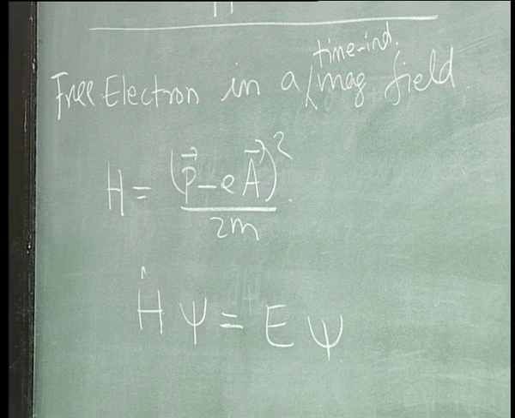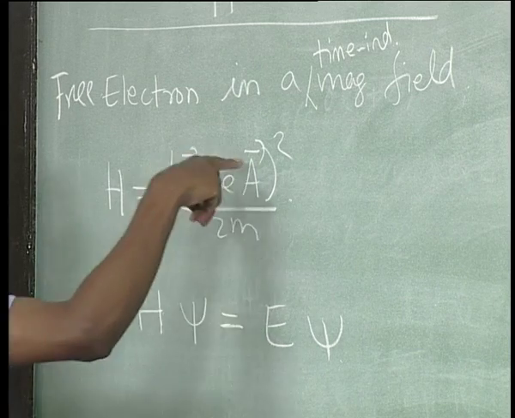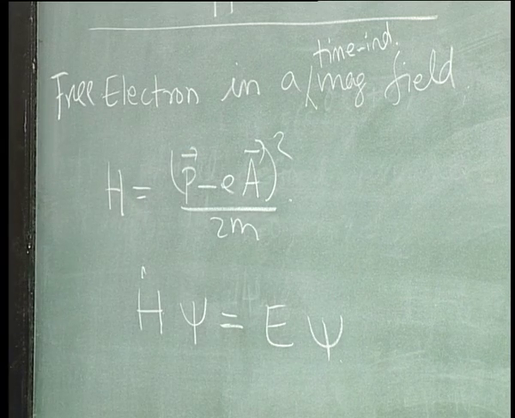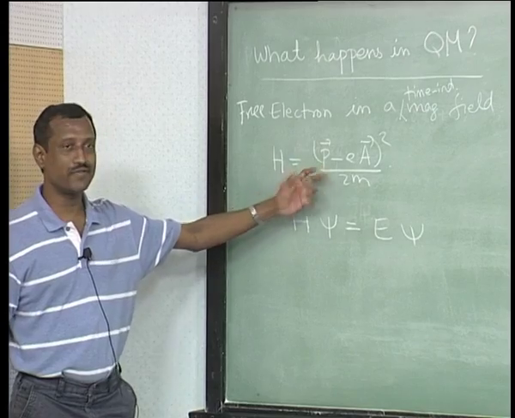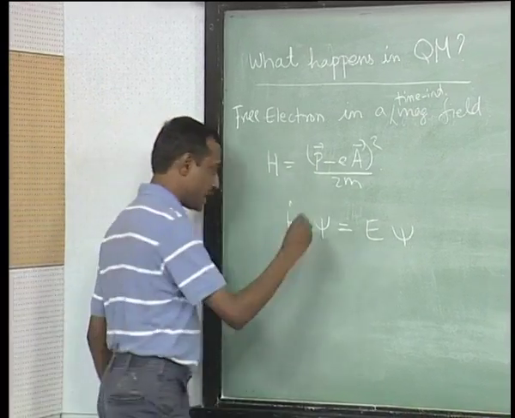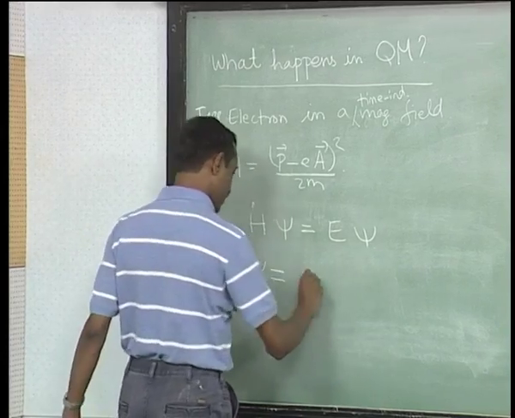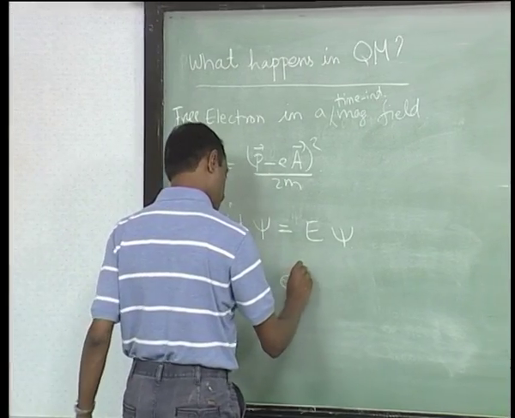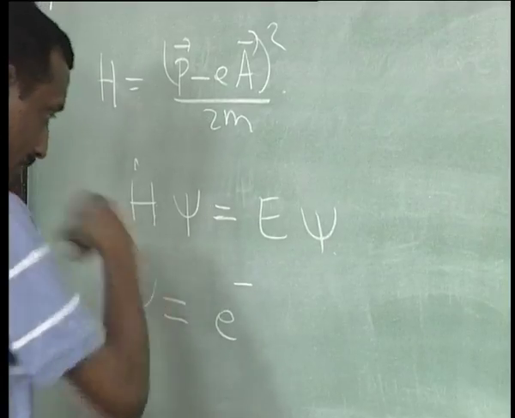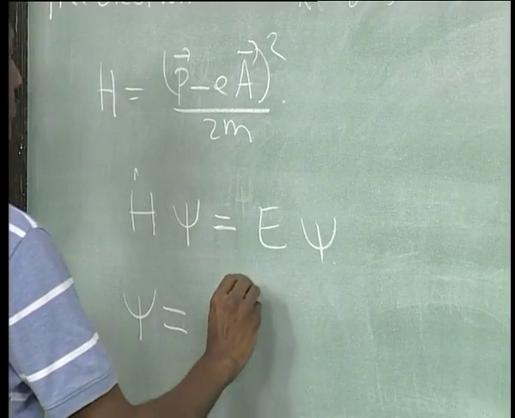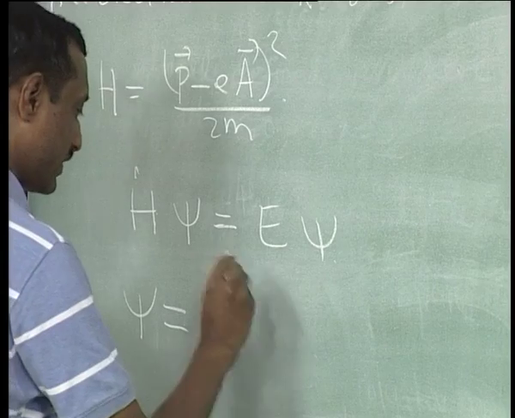So the neat observation is that you can actually in some sense get rid of A and write it as an effective problem. You can make a change if you wish: write psi equal to e to the power of, let us write something and fix the sign.